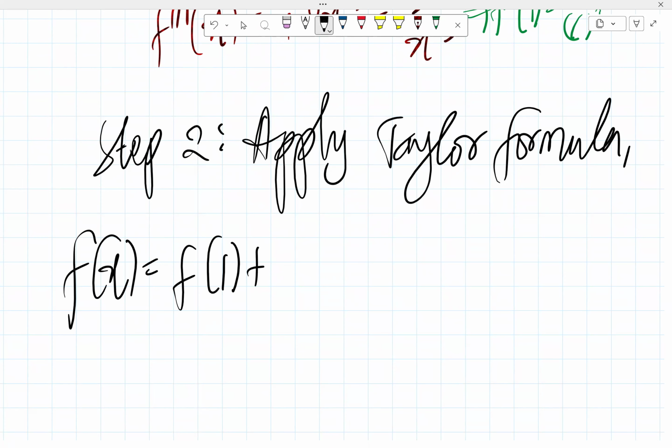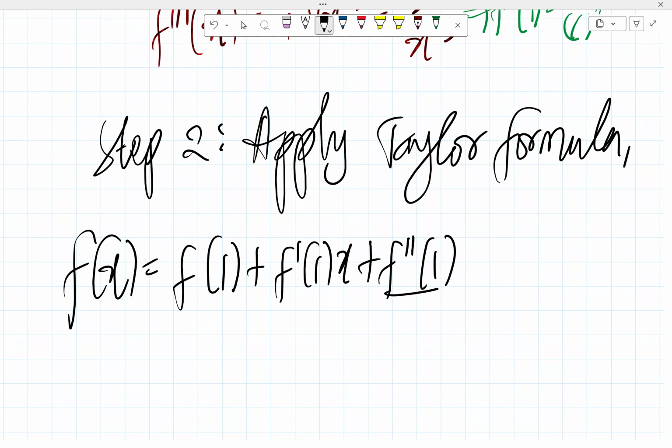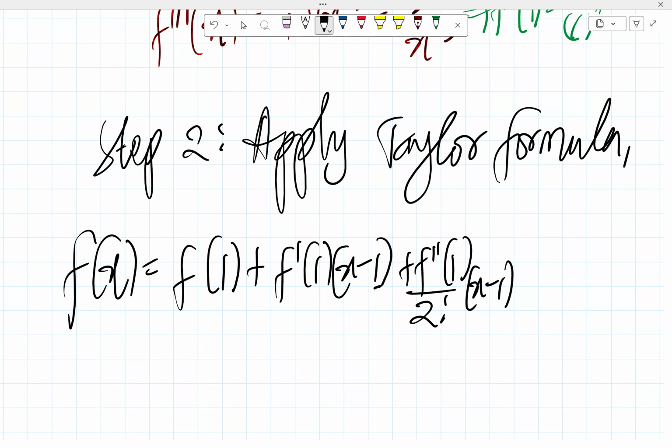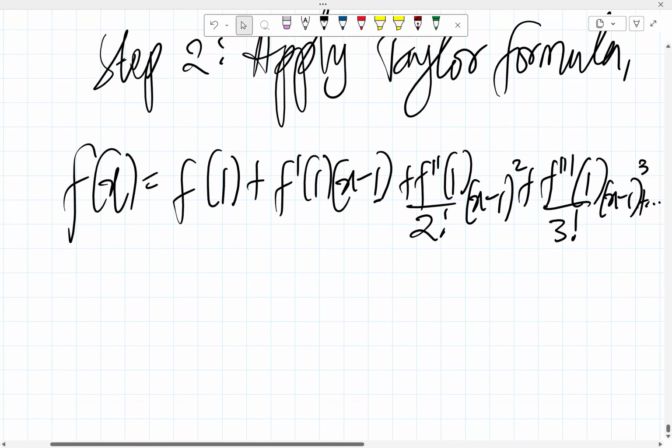So we have f(1) plus f'(1) multiplied by (x - 1), because I'm doing it about x equals 1, plus f''(1) all over 2 factorial times (x - 1) squared, plus f'''(1) all over 3 factorial times (x - 1) raised to power 3, plus all of that. Then we can fix up the values.